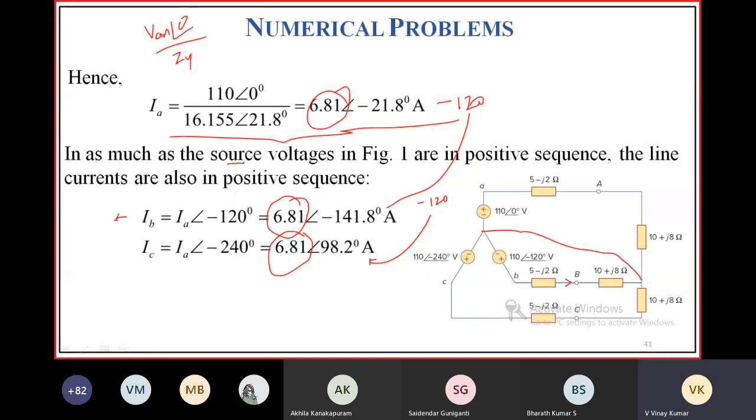Then the voltage at this point with respect to neutral, the phase voltage, is equal to the voltage at this point with respect to this point, means the voltage across Z_Y. So what is the voltage across Z_Y? V_BN at an angle minus 120 degrees by Z_Y, which is equal to 110 at an angle minus 120 degrees by 16.155 at an angle 21.8.